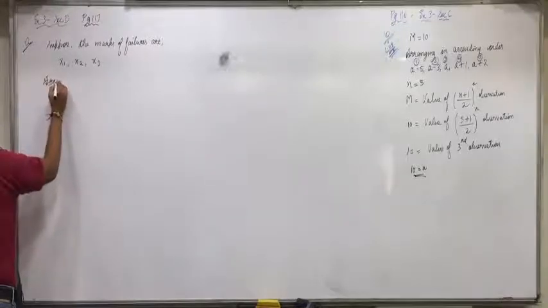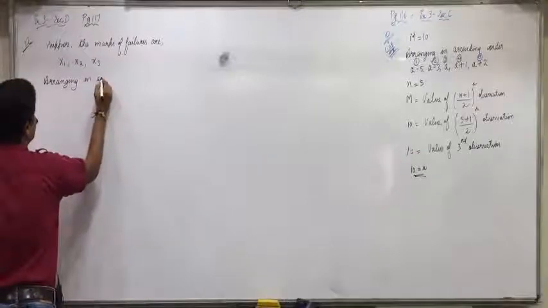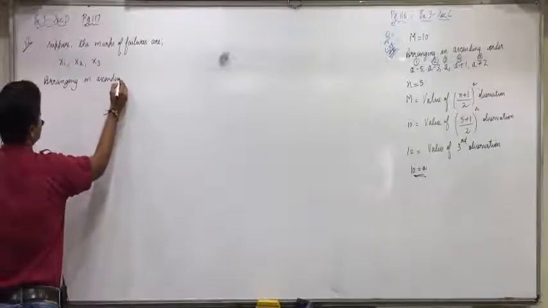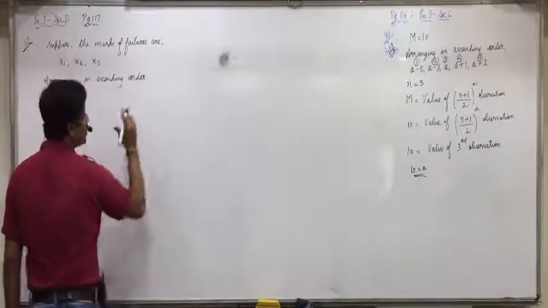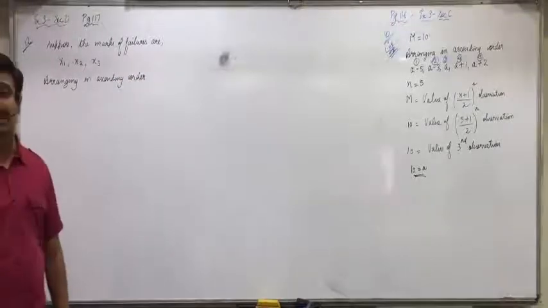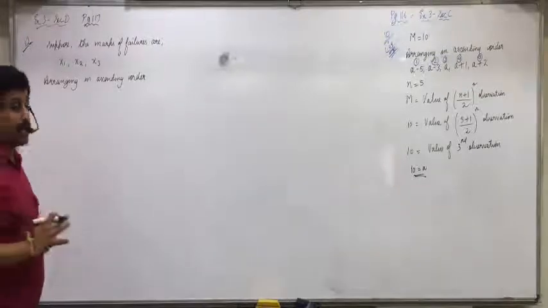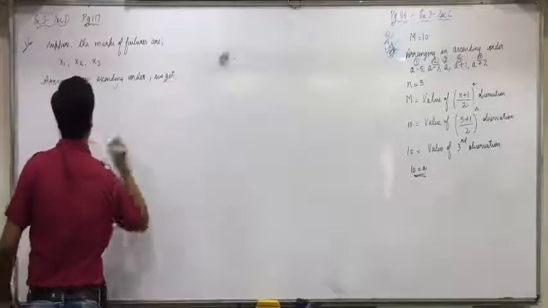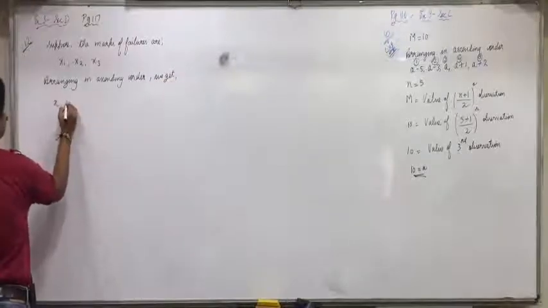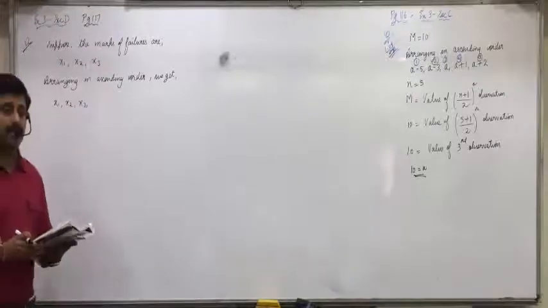Now, arranging in ascending order we get. Be careful when observations are more. With 4 or 5 observations, it's easy to arrange in ascending order. With 18, 20, it becomes a difficult task. Arranging in ascending order we get: first x1, x2, x3 will come. Failures means they'll be the lowest ones.